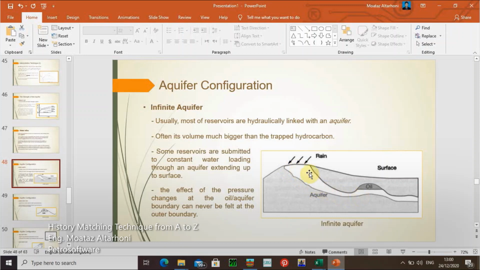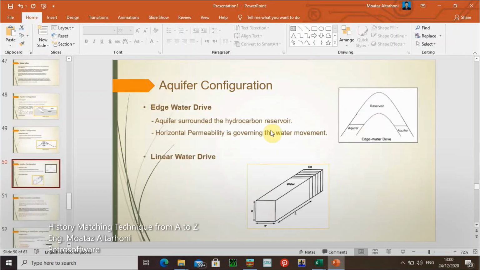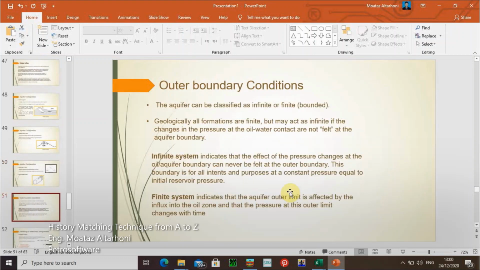So always, if we have good porosity and permeability, the more volume of water influx affects the reservoir performance. For the aquifer configuration, maybe we have a bottom water aquifer, or an edge aquifer, or linear, and from the outer boundary condition we can see it acts as infinite acting.